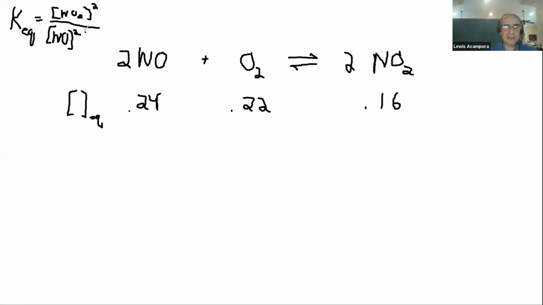This gets even more challenging when these are particles in aqueous solution that might have charges. So make sure the brackets refer to the concentration of the species. This coefficient does not go in front here. We're talking about the concentration of NO, not the concentration of 2NO. So you've really got to think carefully about that.